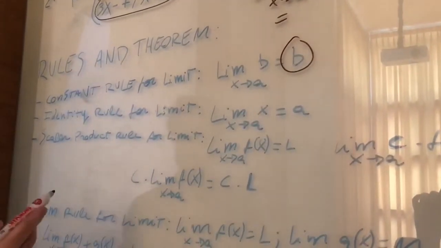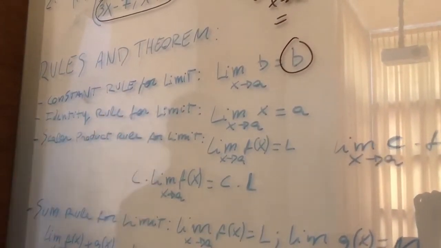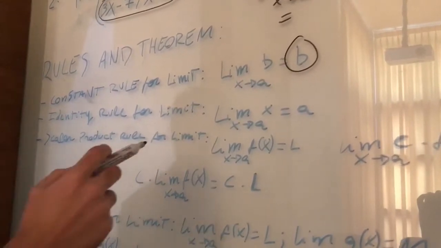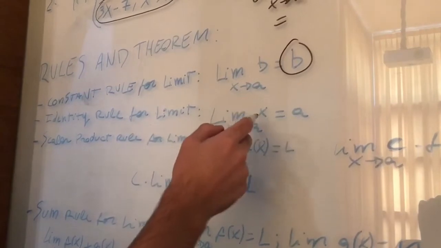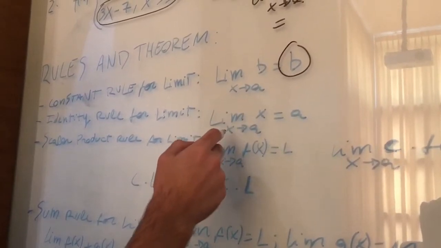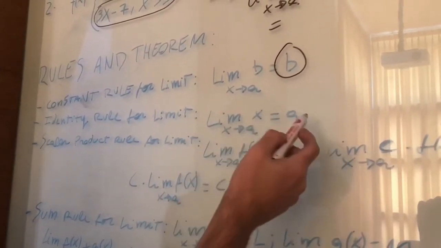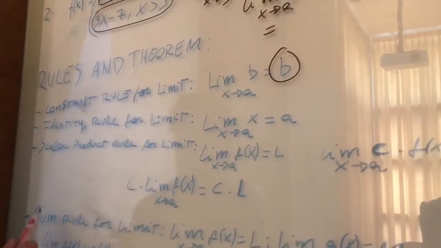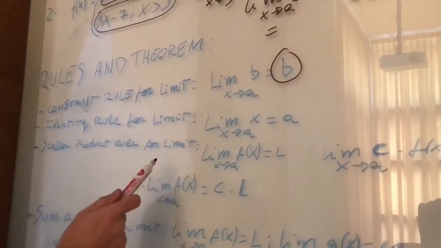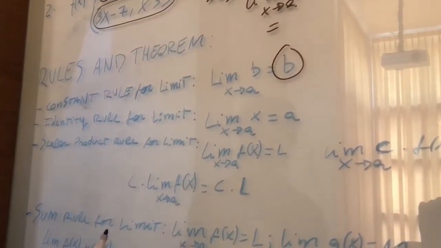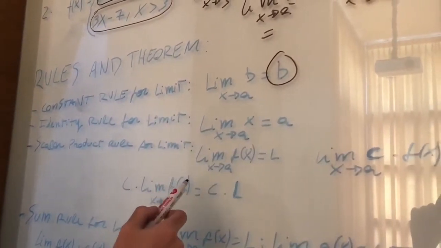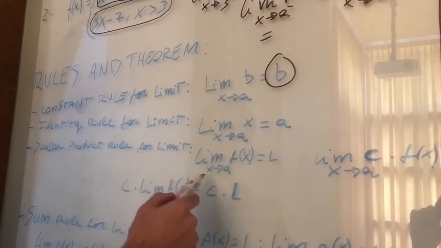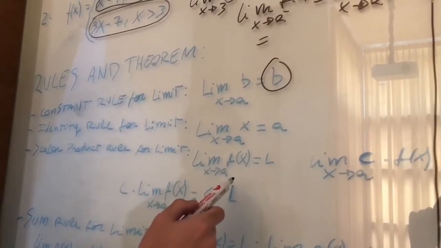Now we're going to go to the identity rule for limits. If a is a constant, the limit of x as x approaches a equals a. Scalar product rule for limits. In this case, c is a constant, and there is a limit of a function at point a.